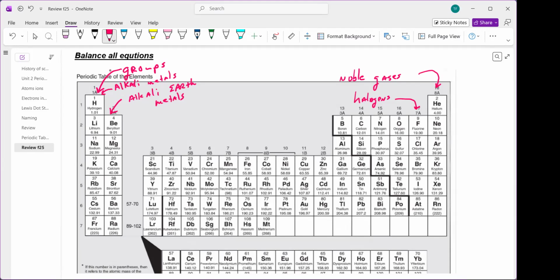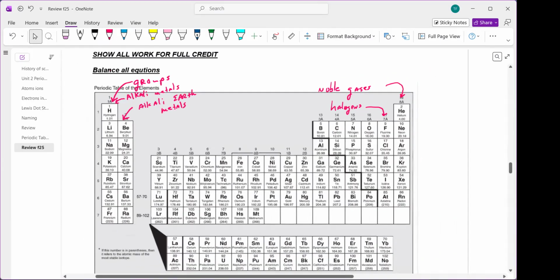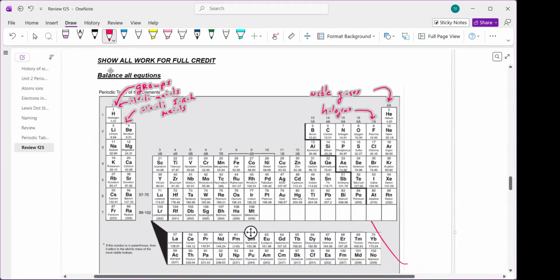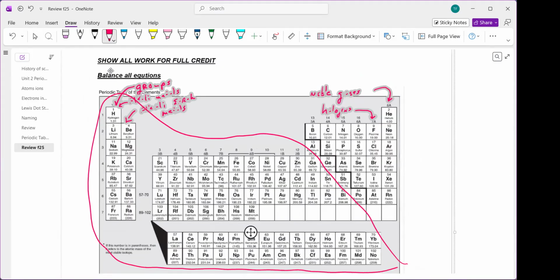Okay, most of the periodic table are metals, and not hydrogen. So if those are metals, what do you think those are?